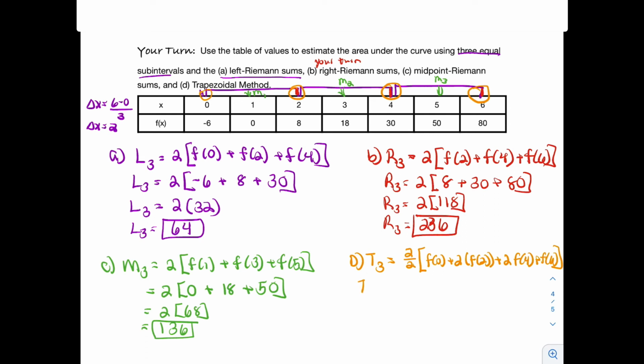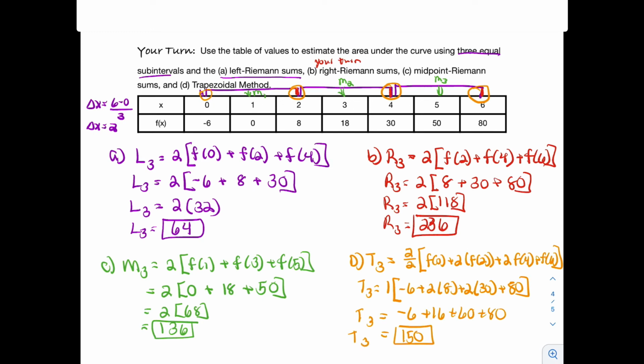So trapezoidal T3 is equal to 1 times f of 0 is negative 6, f of 2 is 8, f of 4 is 30, and f of 6 is 80. Multiplying those, adding it, and multiplying by 1, I end up with my trapezoidal method approximation of area is 150.